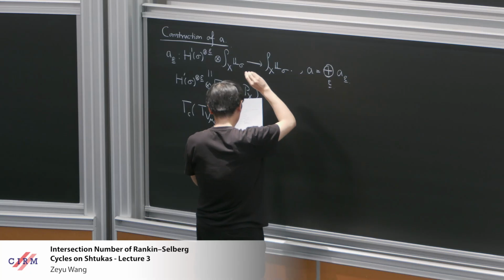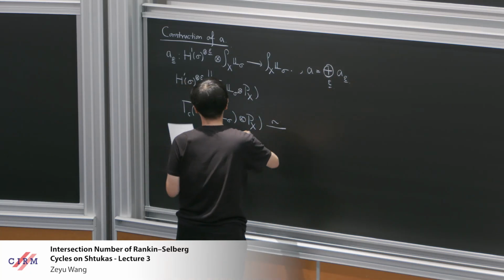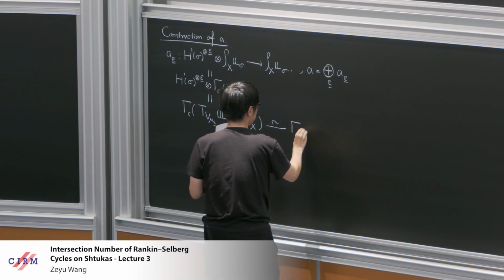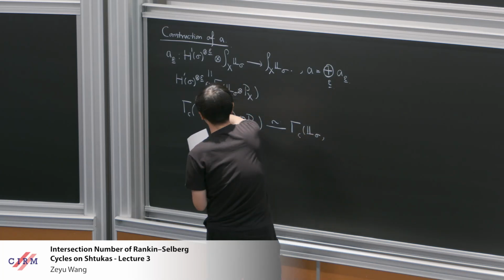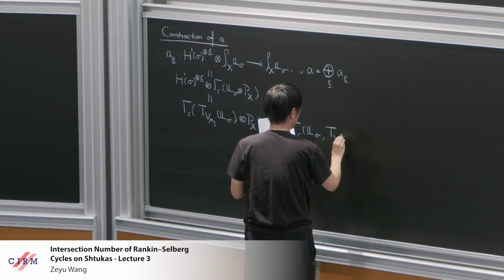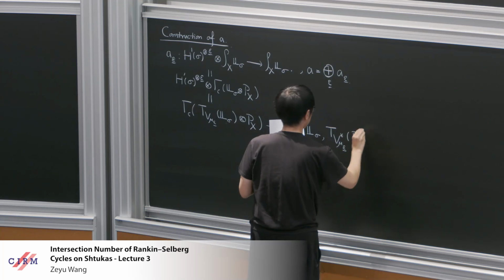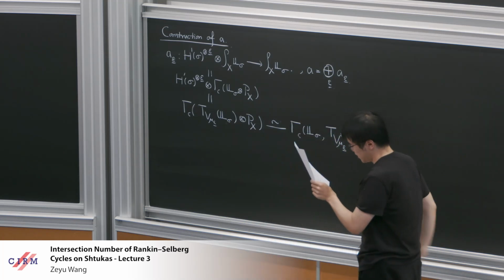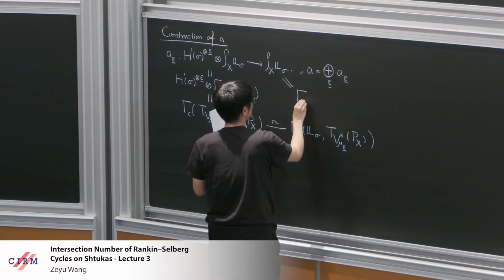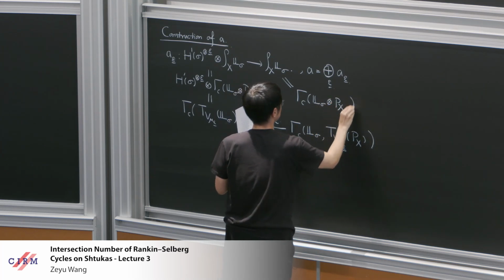Then you realize that this Hecke operator is kind of self-adjoint, and you can use this adjoint property to move from L to P. For that, we need to pass to the dual representation. Then you see that this pure integral is just compactly supported cohomology with a high eigensheaf tensor with a pure sheaf.